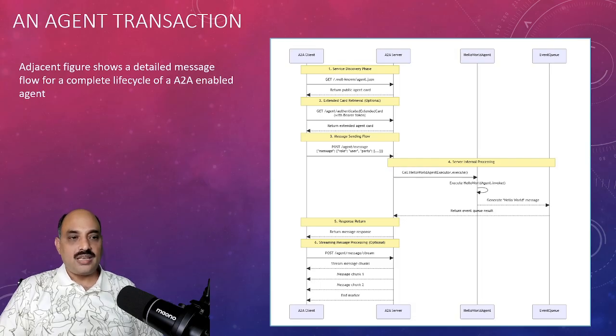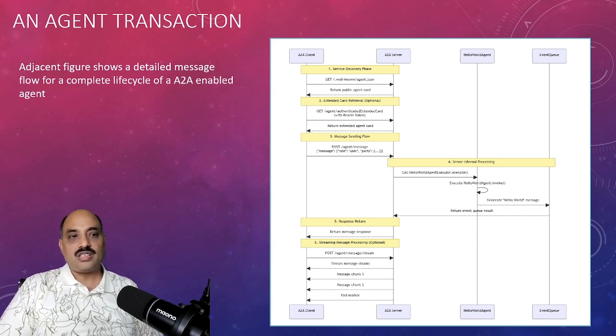This explains what all the communications are that go from one place to another. Basically, it starts with the A2A client agent, and then you hit the A2A server agent or a specialist agent, and then the service discovery phase happens.